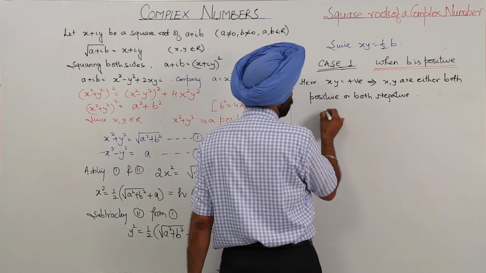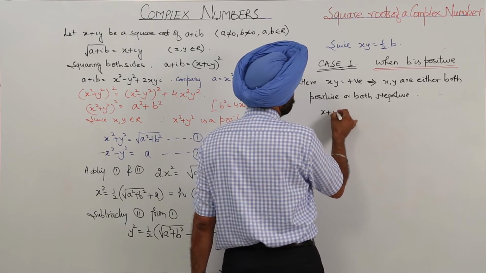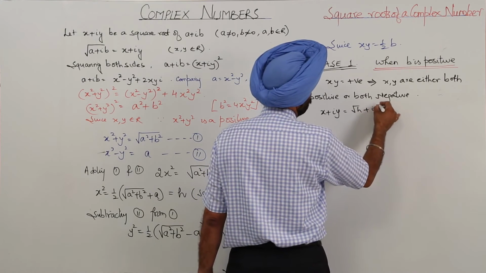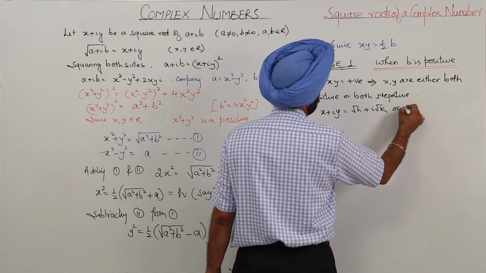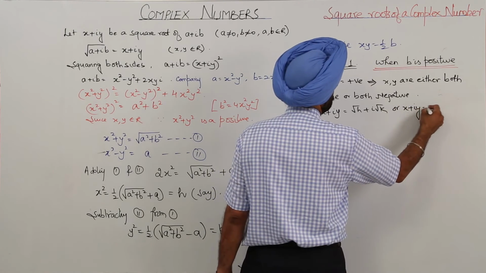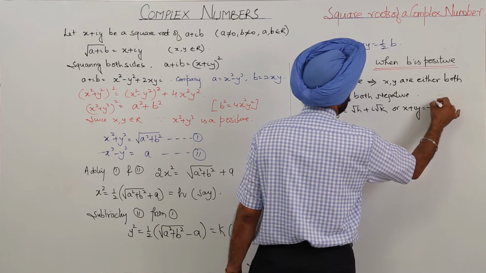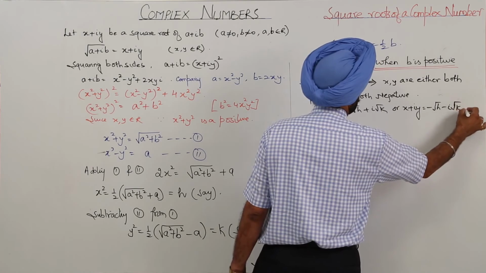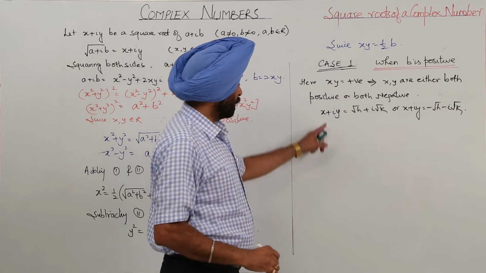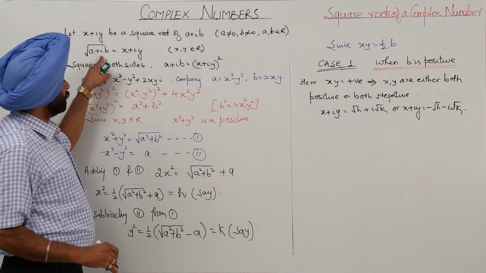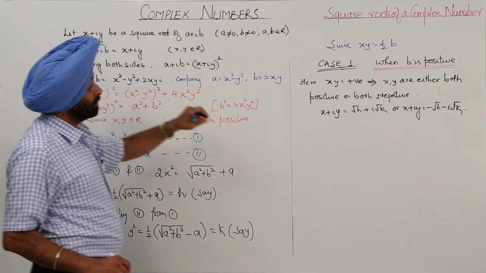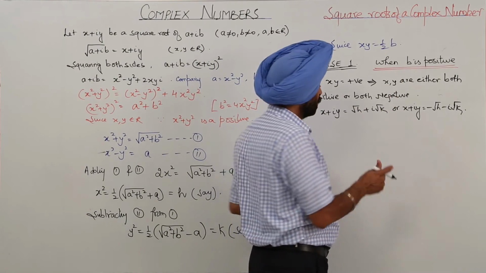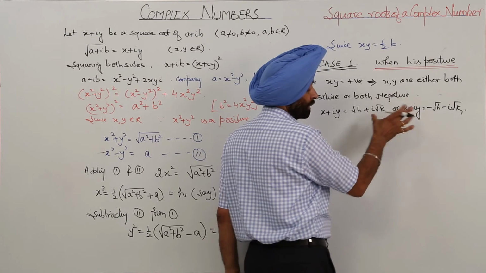We can write x plus iota y is equal to root h plus iota root k, or x plus iota y is equal to negative of root h, negative of iota root k. We will be getting two answers. So, our result will be, if b is positive, then we are getting two results, both positive or both negative.